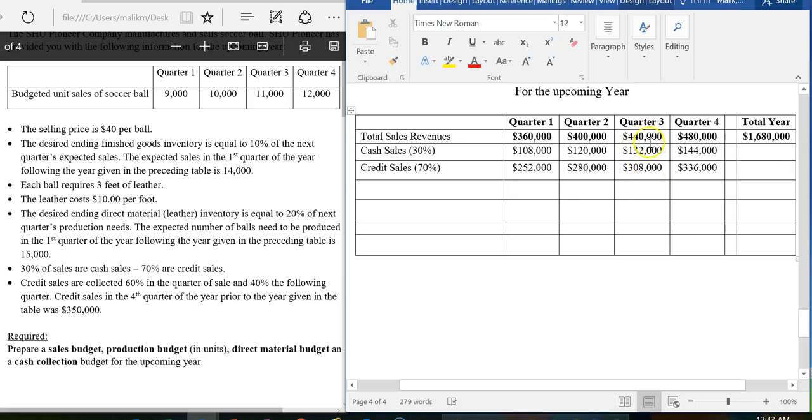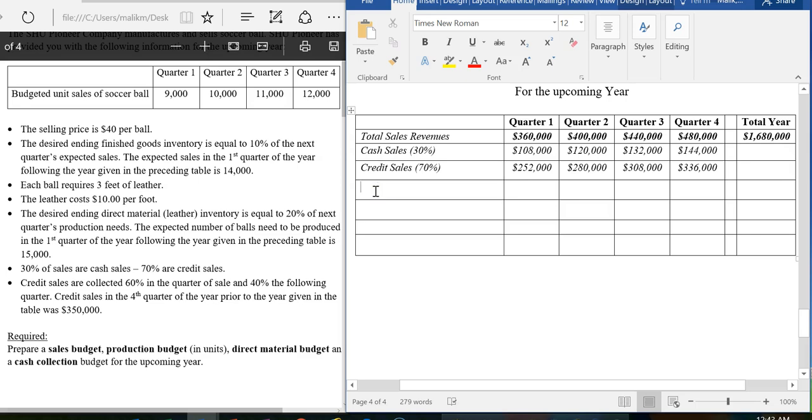Right, so we actually split all these total sales into two parts, and we showed separately how much will be our cash sales and how much will be our credit sales. Now, this is kind of our extra calculation. I love to do that. Now let's try to do our real cash budget problem.